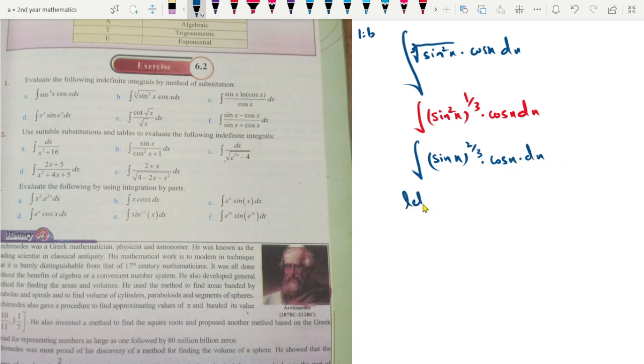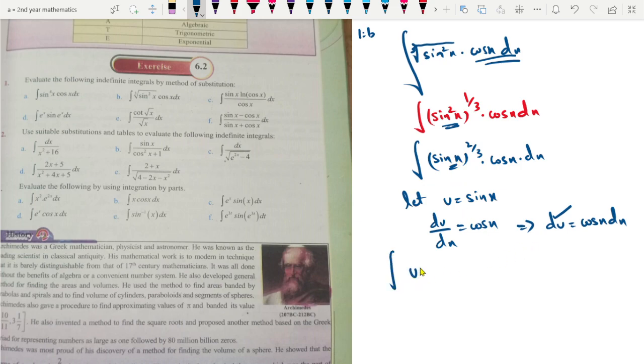Now let u is equal to sine of x. Taking the derivative on both sides, du divided by dx is equal to cos of x, which implies that du is equal to cos of x dx. So in place of cos of x dx, I can write du, and in place of sine x, I can write u. So this will become u power 2 divided by 3 du.